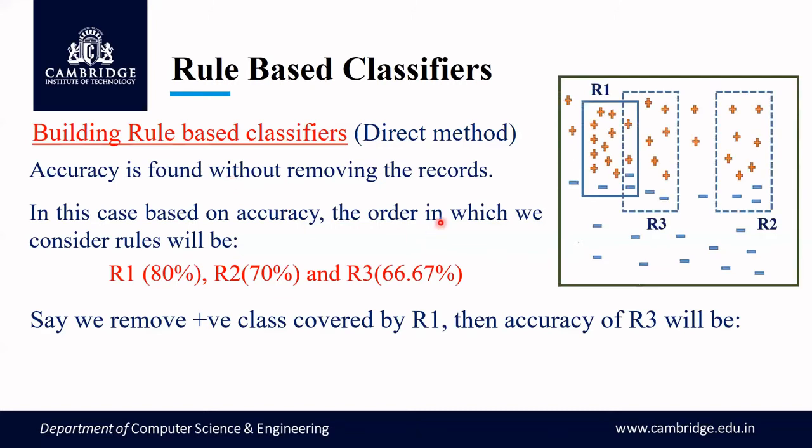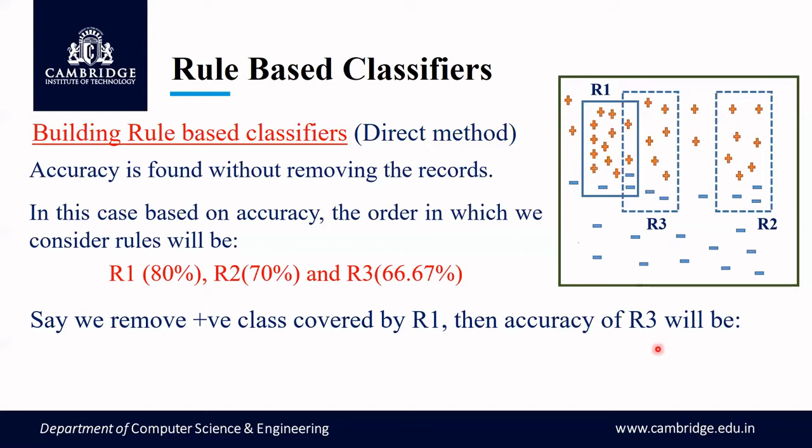In this example, I can see that in the intersection part I have 2 positive examples here. Now, when I remove R1 completely, which means only the positive records of R1 completely, what will be the new accuracy of R3? So, calculate the new accuracy of R3, removing the positive records here of R1. That means even these 2 plus 4 in the intersection part will also be removed. Okay, and all other plus is removed.